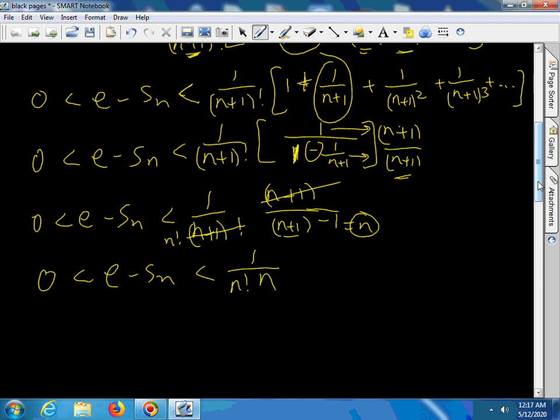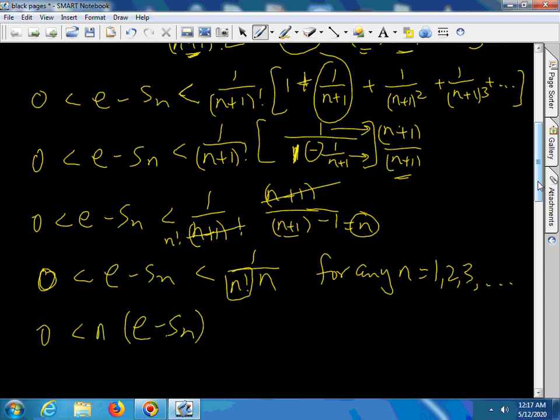Now I'm going to multiply all three sides by n factorial, which is positive. Everything I've done is true for any n equal to 1, 2, 3, etc. So when I multiply 0 by n factorial, it's 0, of course.